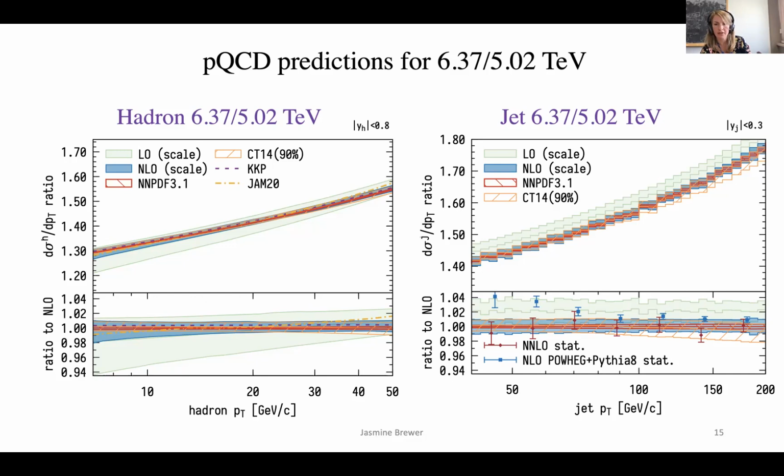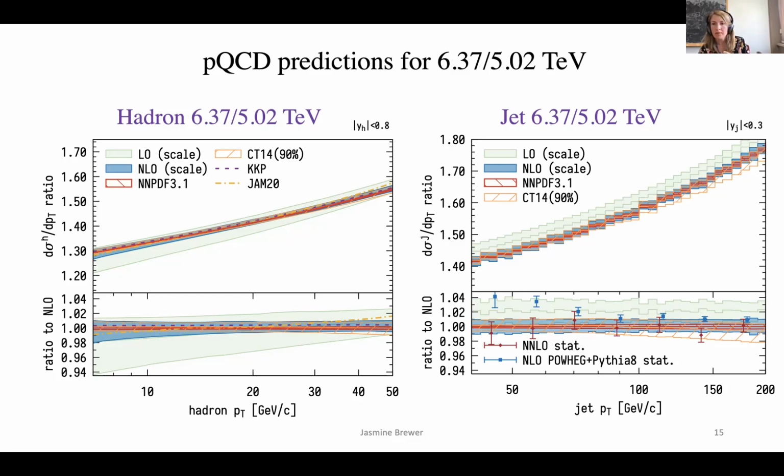One interesting feature for jets is that you do see that these showering effects, which are shown in blue, can have a somewhat substantial impact on the spectra ratio, especially at relatively low pT, so below 70, 80 GeV for jets. You may have some corrections which come from this showering to the next-to-leading order results.